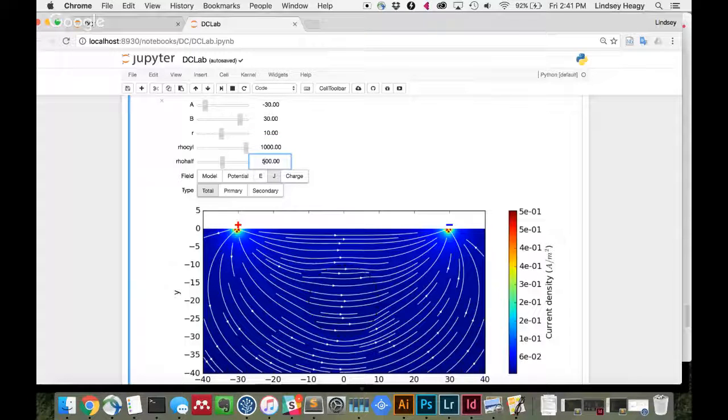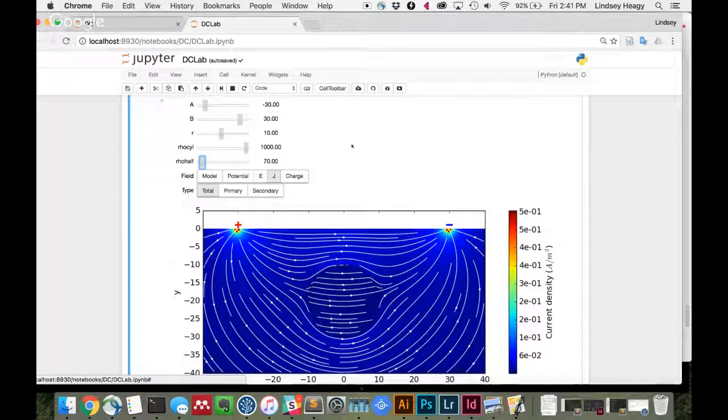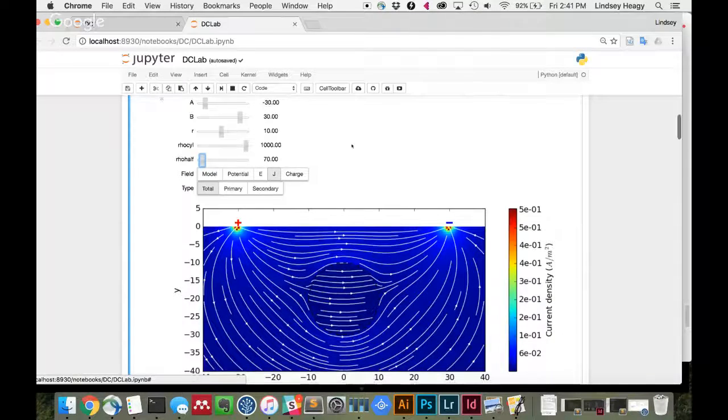So instead of making the background 500, I'll reduce it down to 60. And now you can really see it, right? So the currents, as they're coming down, kind of flow around here and around there, and so it's definitely like an obstacle.